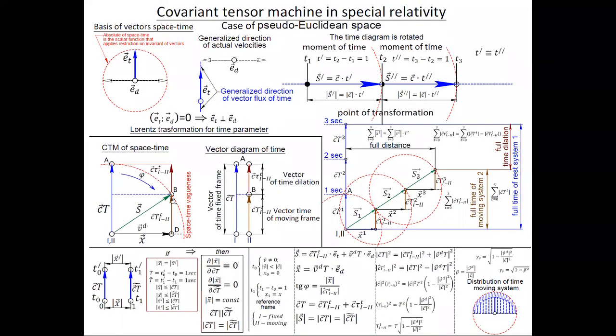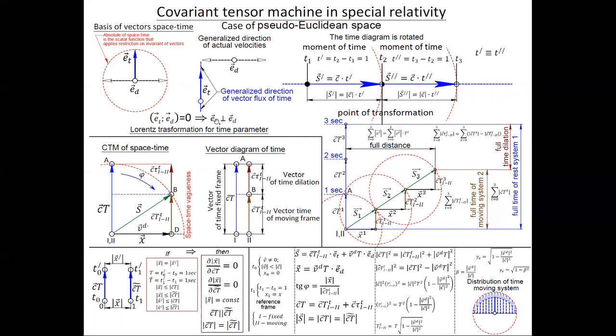From the past video about CTM, we can recognize that velocity is the possibility of moving per time equal to 1 second. Then I have equality of modulus between distance and velocity. In this place, it's worthwhile to consider that the dot product of basis vectors is zero.